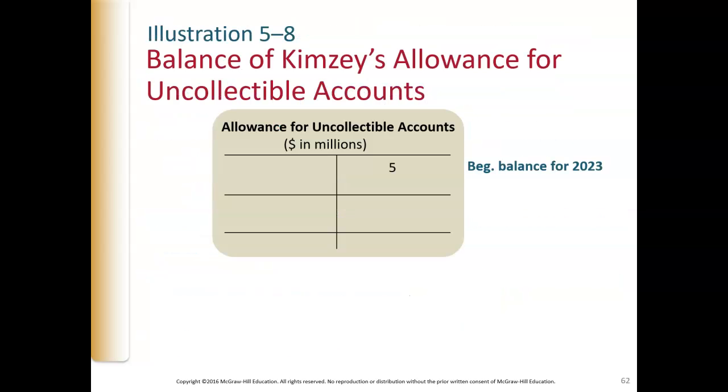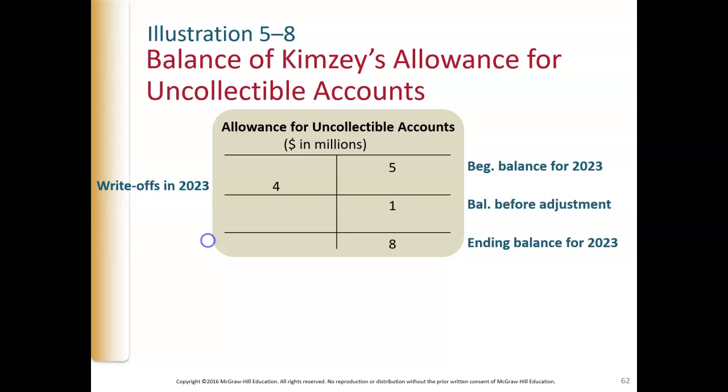Look at this. We thought it was going to be 5. It really was only 4. Do you see how we have $1 million left there? So in the next year, when we think it's going to be 8, don't forget this, guys. What we think is going to be 8 is the balance. Okay?